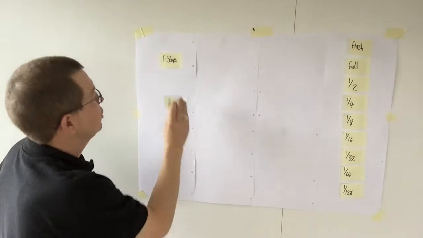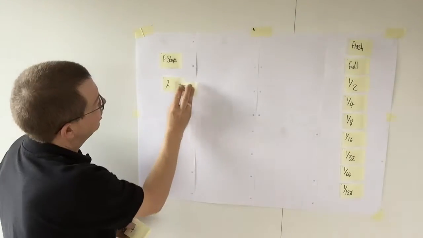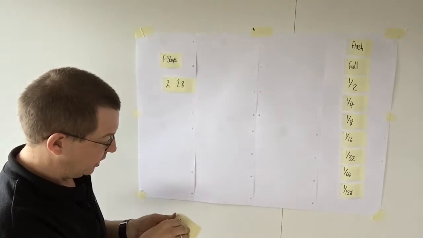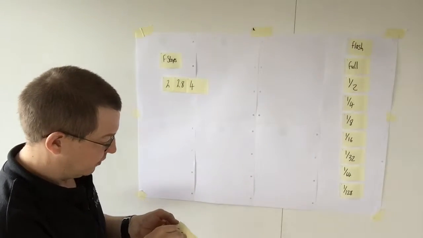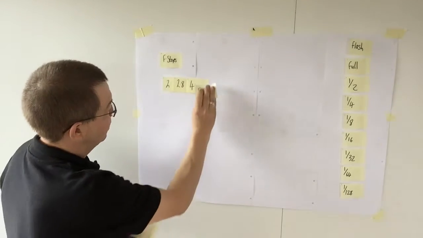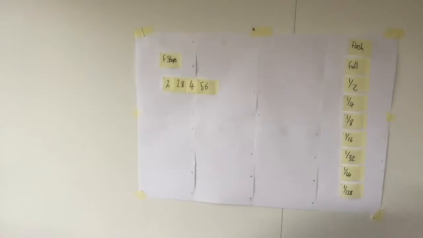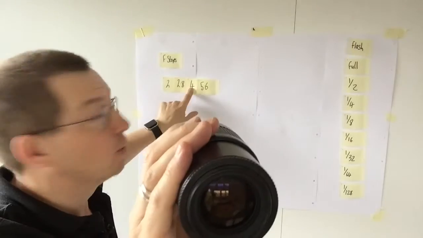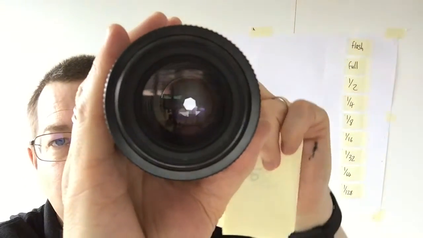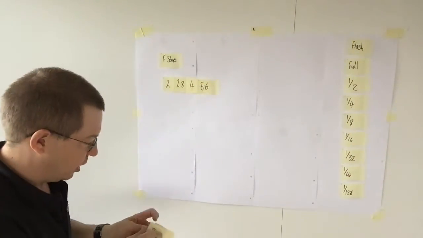We're going to start at f2. This f2 is very wide and open. The next one's f2.8. We go down to f4, f5.6. This lens I've just got here actually starts at f4.5, and then they go all the way down to f32, and all the ones in between.